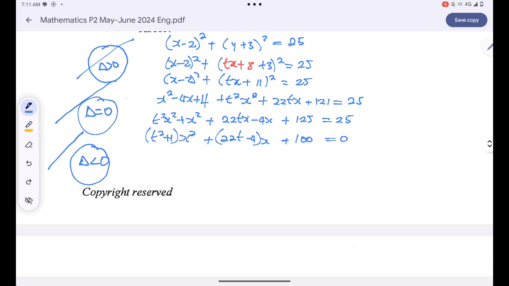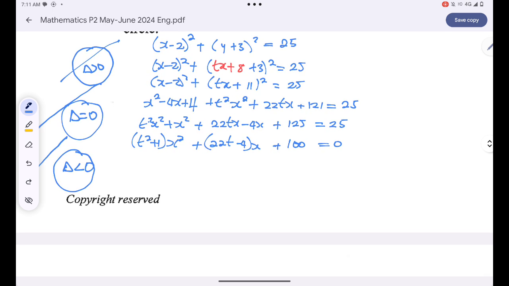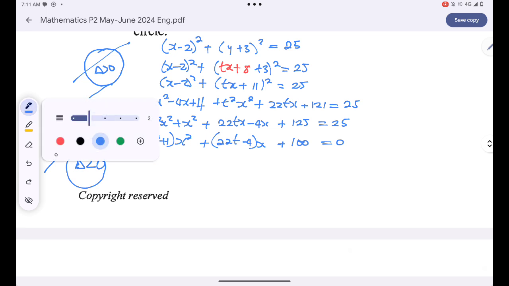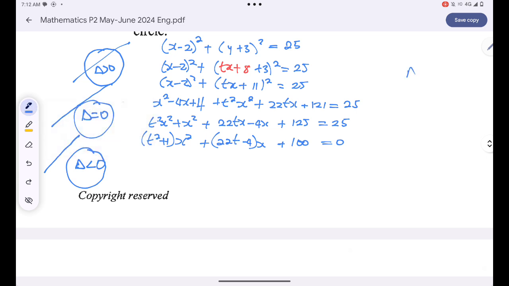Now I have my equation in standard form, right? So since, guys, I know that delta is basically equal to b squared minus 4ac, that means the value of a is anything in front of x squared.